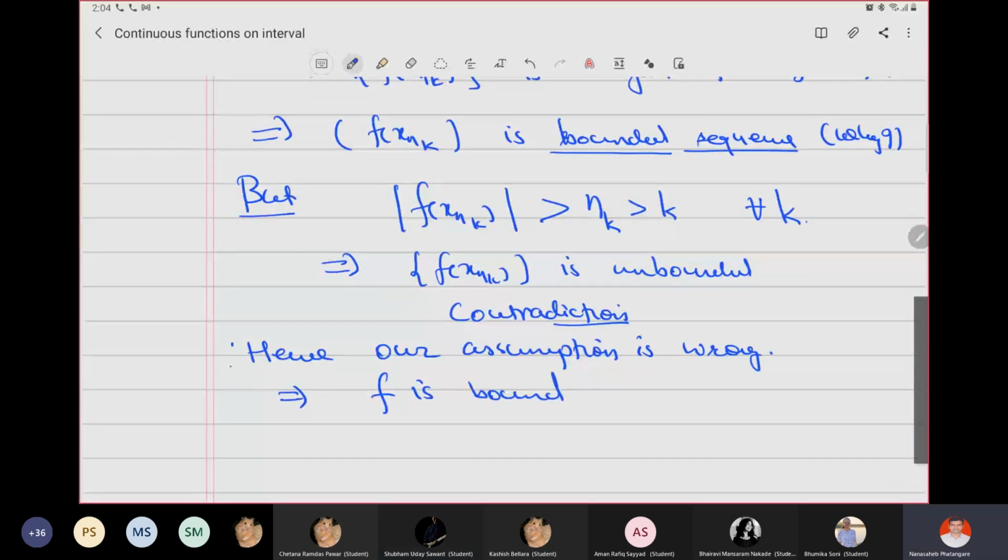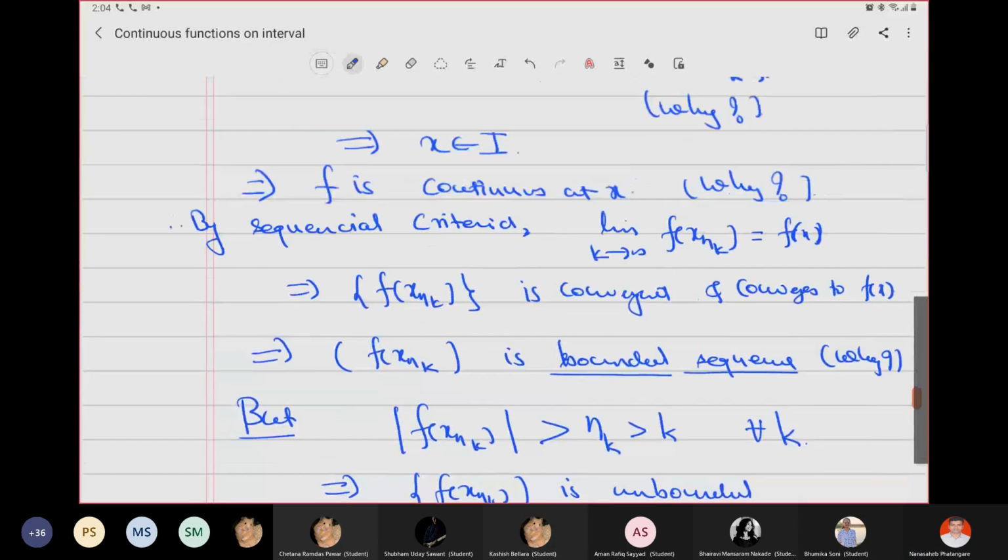What was our assumption? The function is not bounded, and due to that assumption we reach a contradiction. So we say that f is bounded. Is it clear? Yes, sir. Okay.